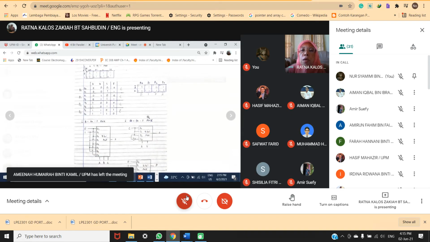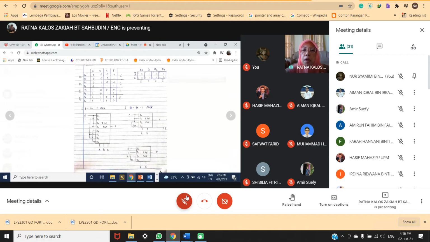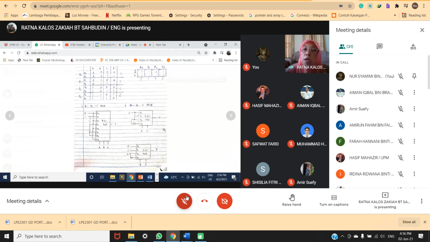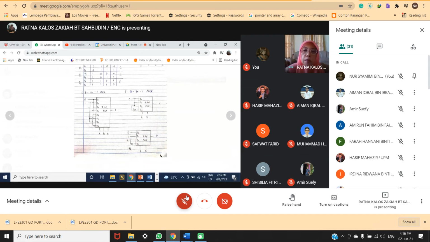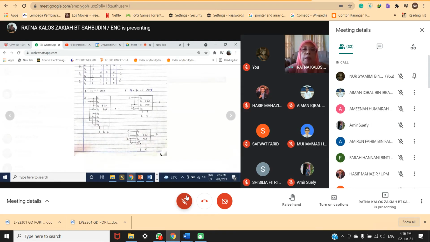You have 0, 1, A and A bar. So D0 is connected to 0, D1 is connected to 1, D2 is connected to A, and D3 is connected to A bar. So that is correct using that diagram.